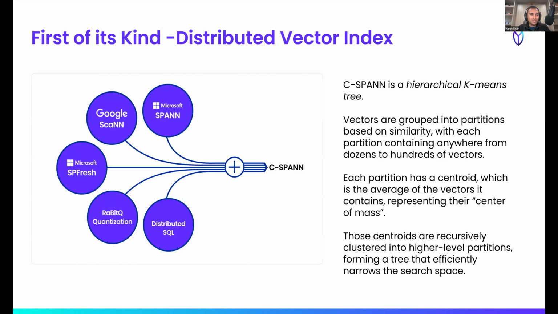So as an organization, from the engineering perspective, we looked at a lot of options: what are the best vector indexing algorithms out there right now. There are a couple from Microsoft, SPANN and SPFresh, and Google has ScaNN.